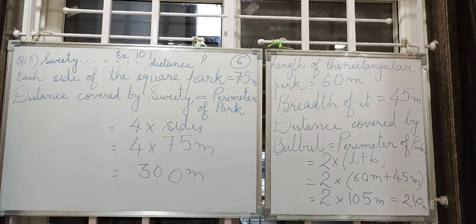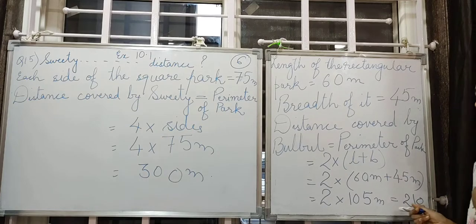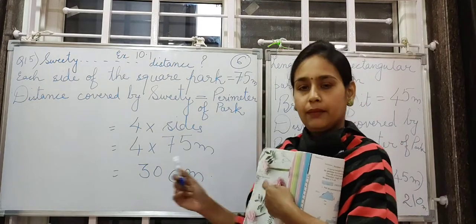So who is covering less distance? Bulbul is covering less distance. Okay, why? Because 210 is smaller than 300 meters.